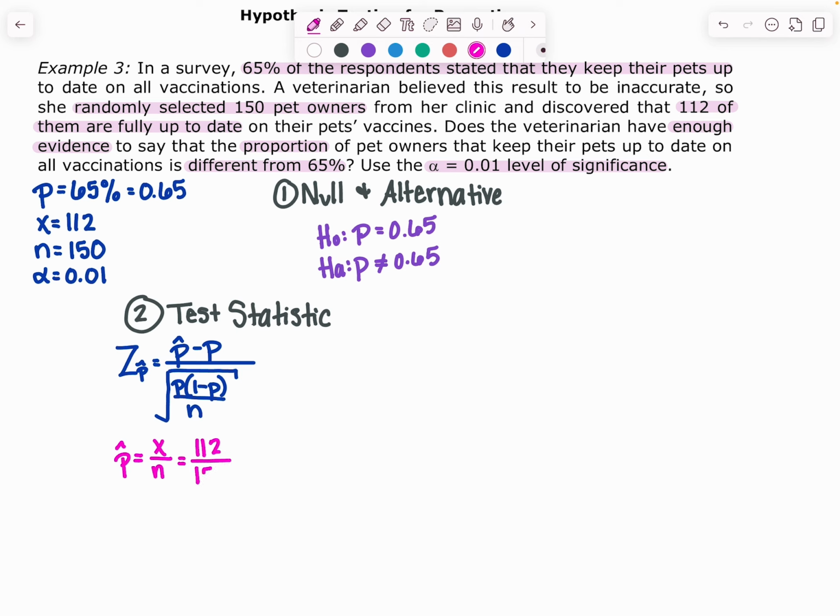My N is 150. 112 divided by 150 is 0.746, repeating on and on. So I'm going to write down 0.7467 for my P hat. I'm going to go to at least 4 decimals on my P hat.